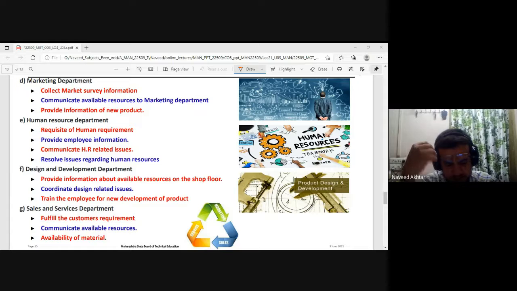Also prepare a case study on safety measures to be followed at workplaces in different industry.